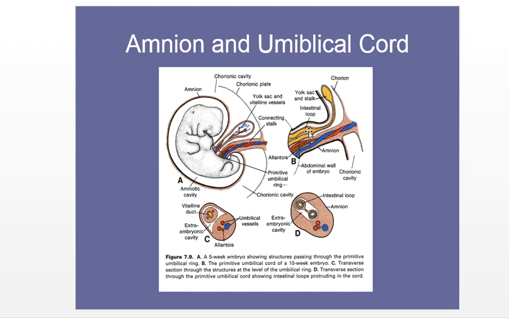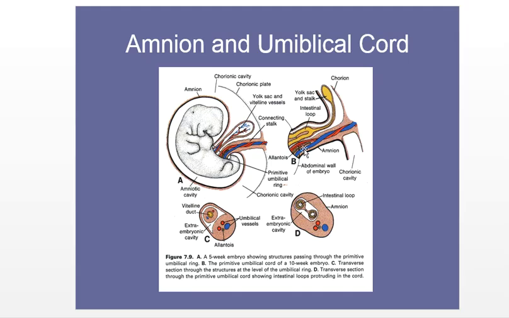This is a loop of the intestines, the intestinal loop, the vitelline duct, and this is a yolk sac. And this cavity here, in which the yolk sac is situated, is called the chorionic cavity. Here is the connecting stalk, and this is the allantois.